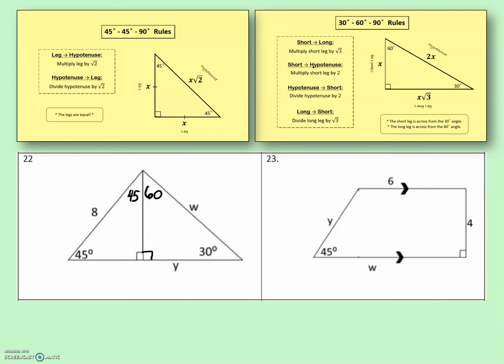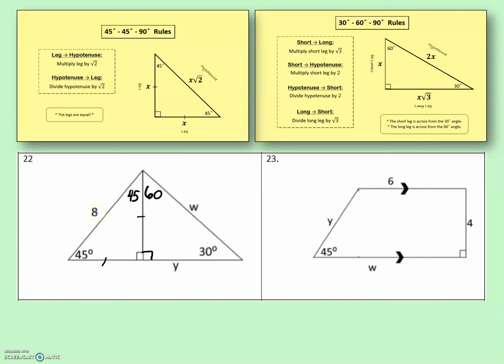So let's look at this 45, 45, 90 triangle first. What we're given is the hypotenuse. And even though it's not asking us necessarily to find these legs, that's probably something we want to do because it's going to help us eventually find W and Y. All right, so let's do that. To get from hypotenuse to leg in a 45, 45, 90, we're dividing by root 2.